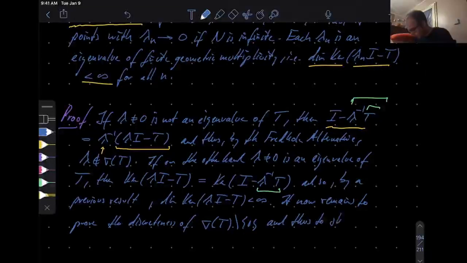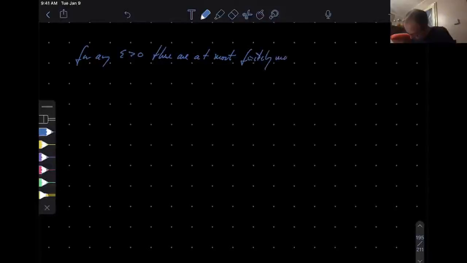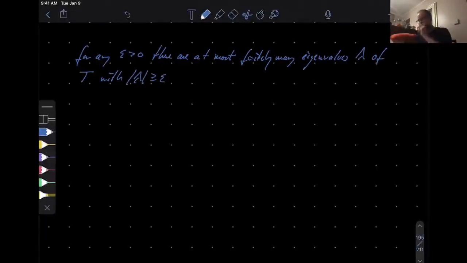Thus, to show that for any epsilon positive, there are at most finitely many eigenvalues lambda of t with lambda outside the disk of radius epsilon.